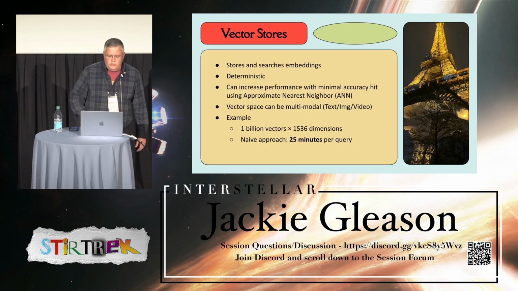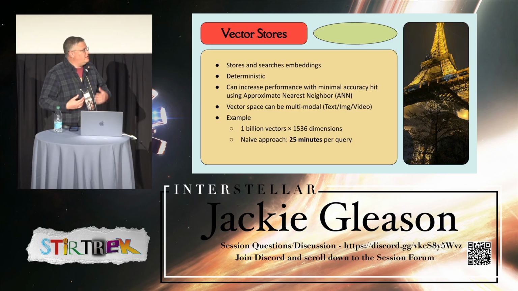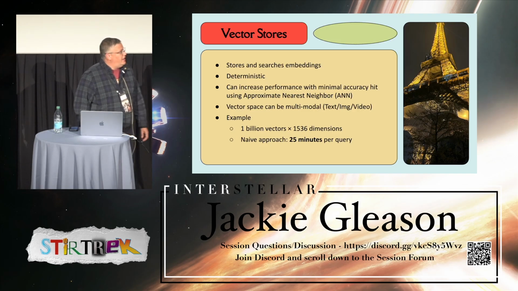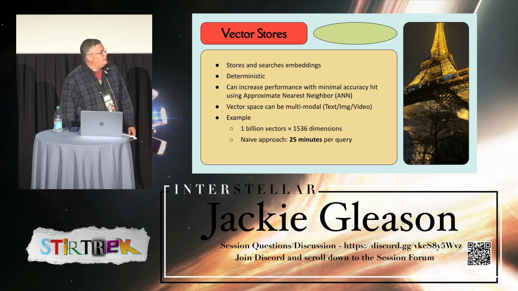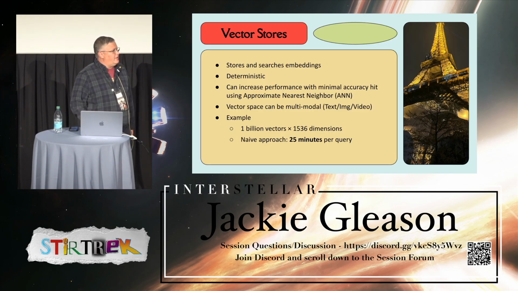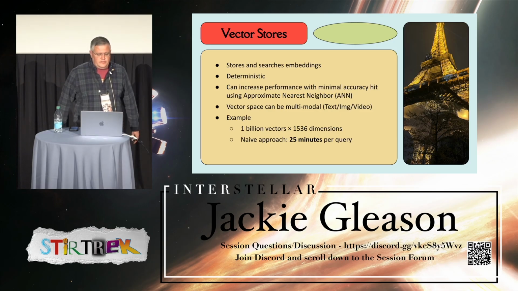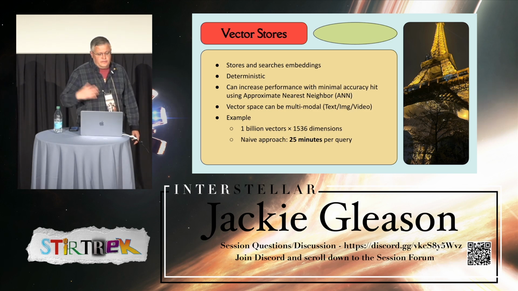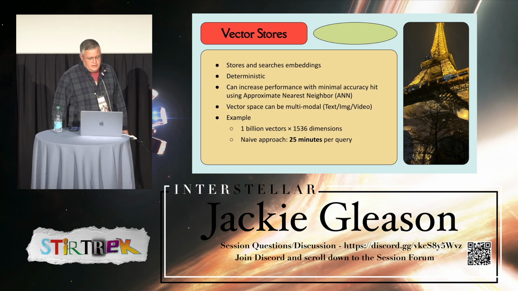Now that we understand what embeddings are and what they're used for, we can talk about how we store them. Typically with this stuff, you'll use what's called a vector store. And now that we know what vectors are, we can tell what a vector store is. It's a key-value store where the key is your embedding and the value is the value that was used to create the embedding, right?